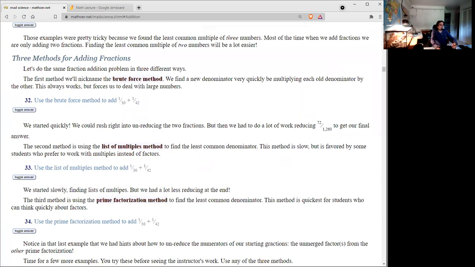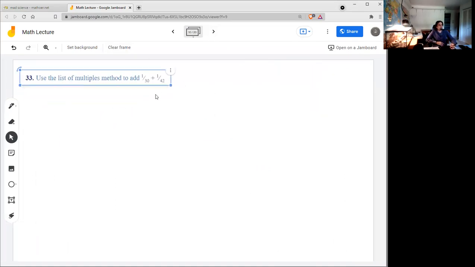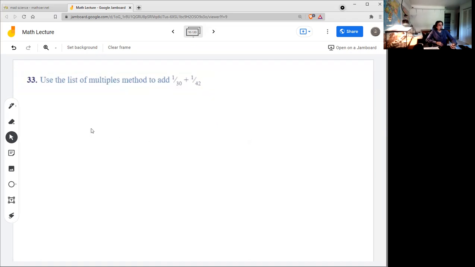The next way we can do things is a list of multiples. If I want to find a common denominator for 30 and 42, well, let's just look at all the multiples.